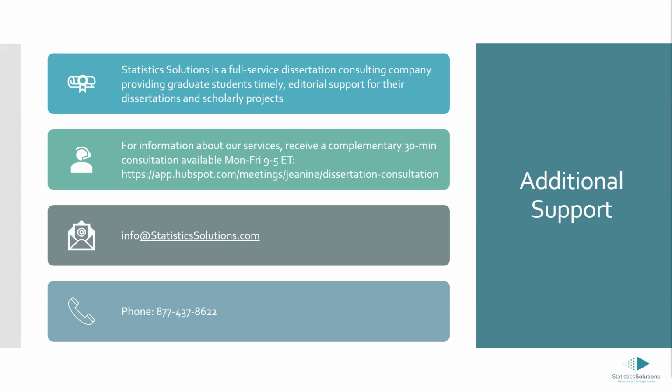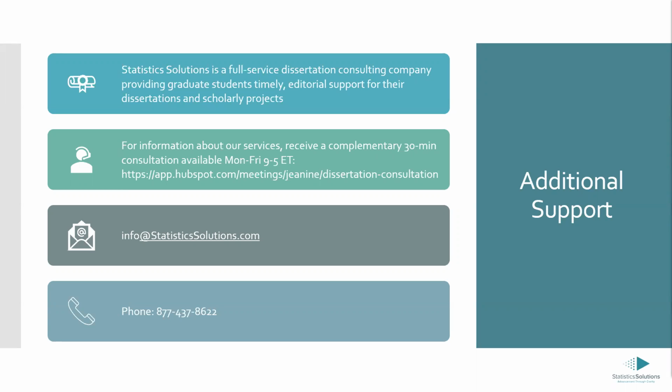And another question is, when do you use regression testing? So regression is used when you are trying to predict a variable from a set of predictors, or see the relationship between multiple variables and a single outcome variable.